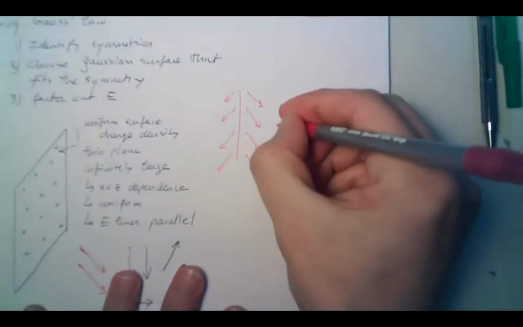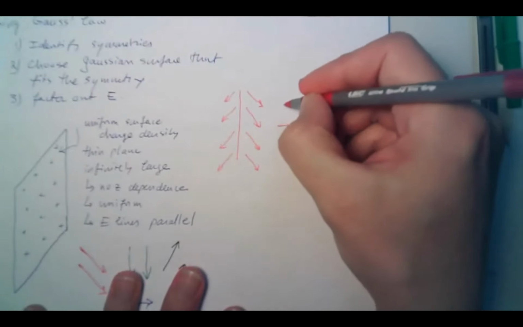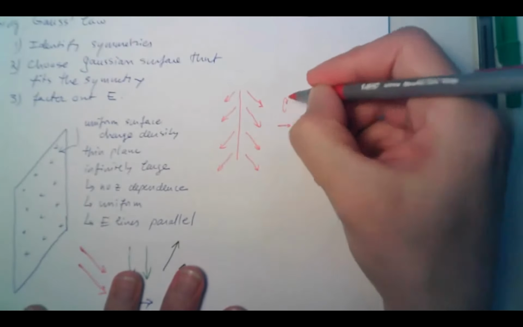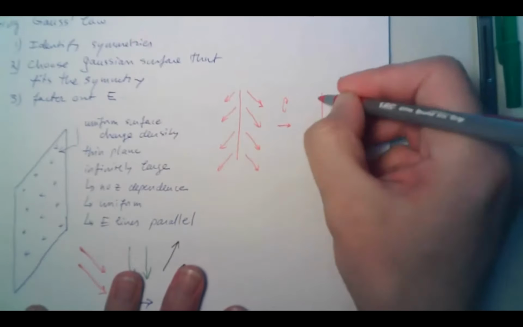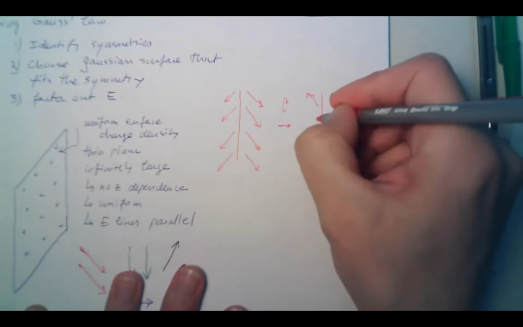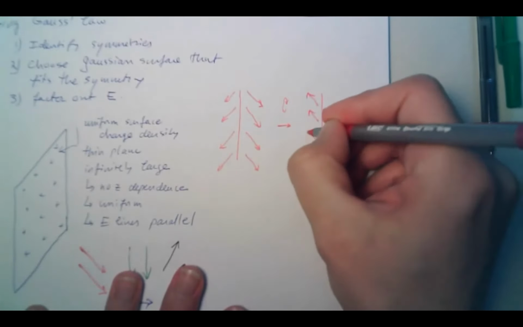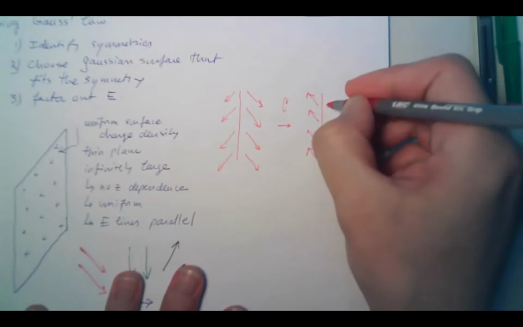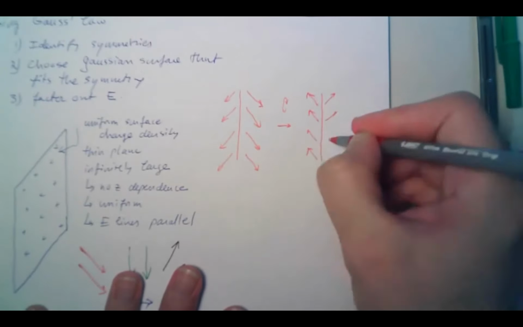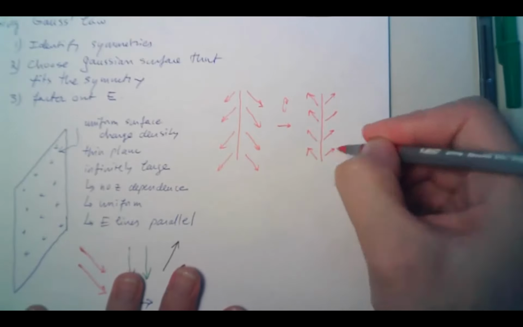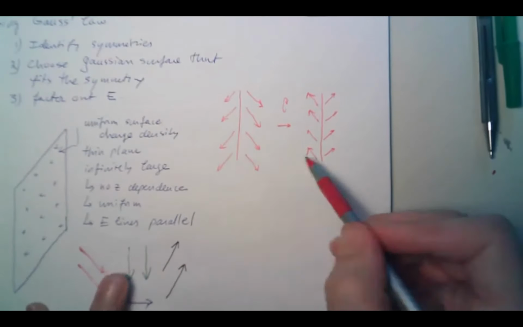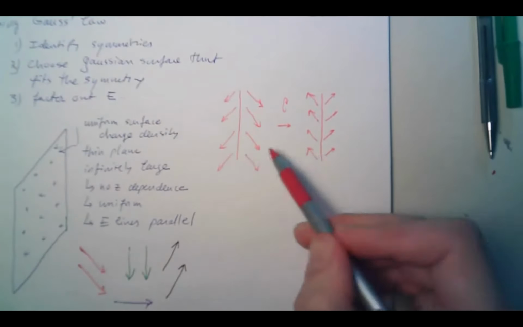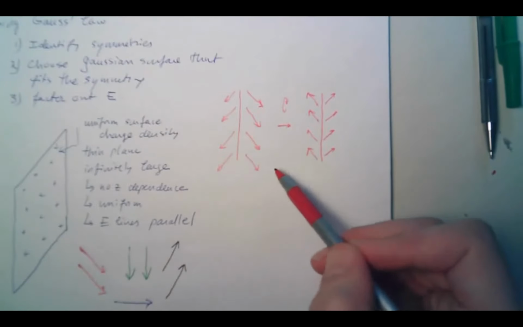And if we do that, so rotate it, then the field looks like this. Now, obviously that's not the same. So therefore, this cannot be a solution for the electric field.